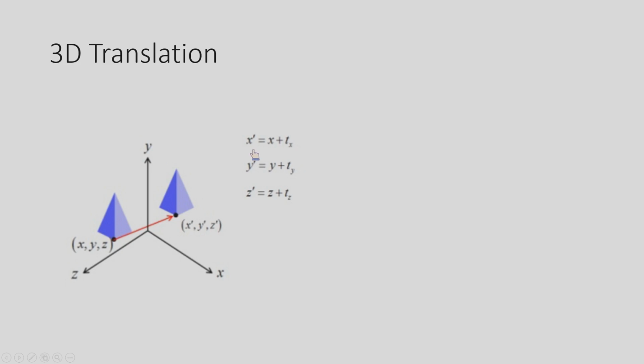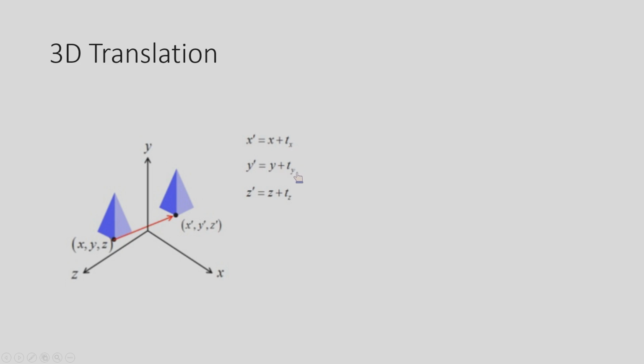This is quite simple, as we did in two-dimensional system. x dash was calculated by adding tx, which is the translation parameter along x-axis, to the x value. So x dash is equal to x plus tx.